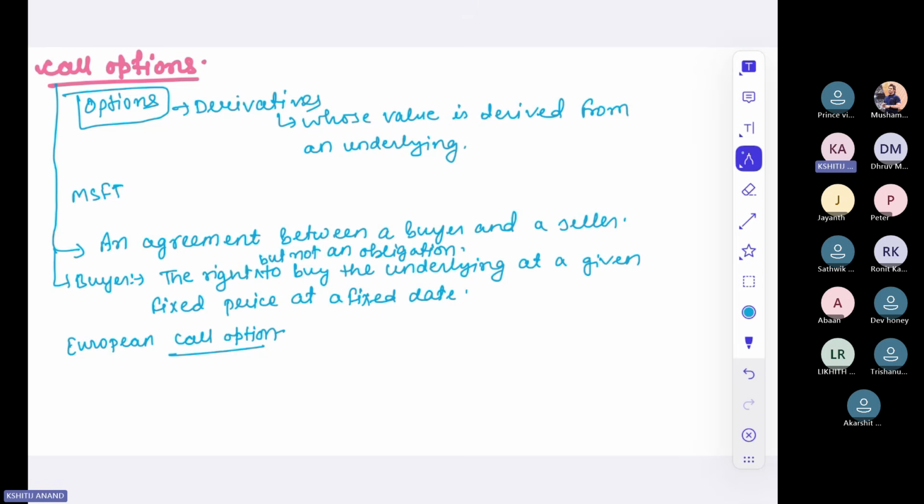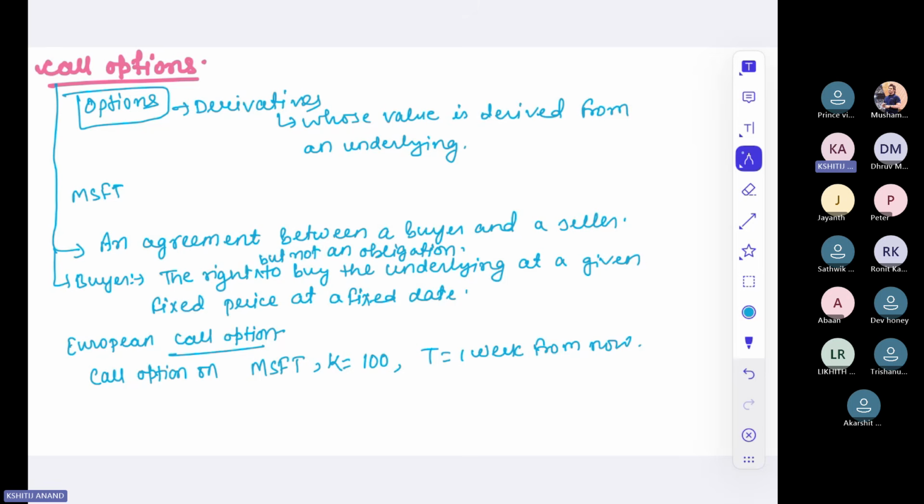This fixed price is called the strike price and this fixed date is called the expiration date, or the expiry date. Let's take an example. Let us say there is a European call option on MSFT, which is Microsoft. The underlying is Microsoft. K is the strike price, which we'll call 100. And the time to expiration, let us say, is 1 week from now, just for an example.